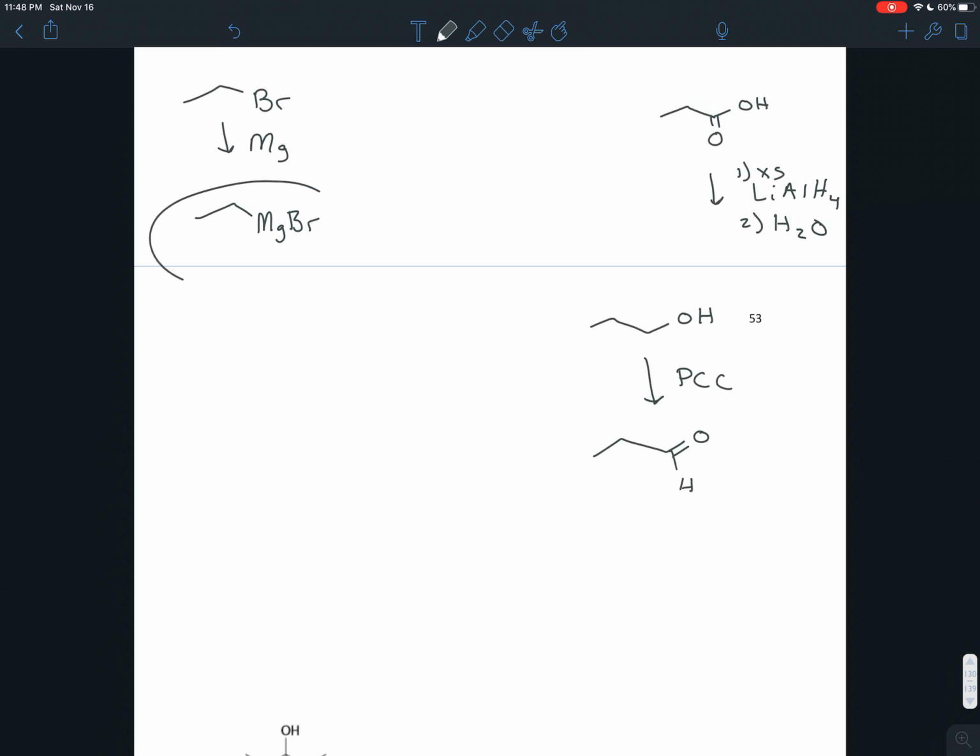Then we can take our Grignard reagent and react it with this aldehyde.